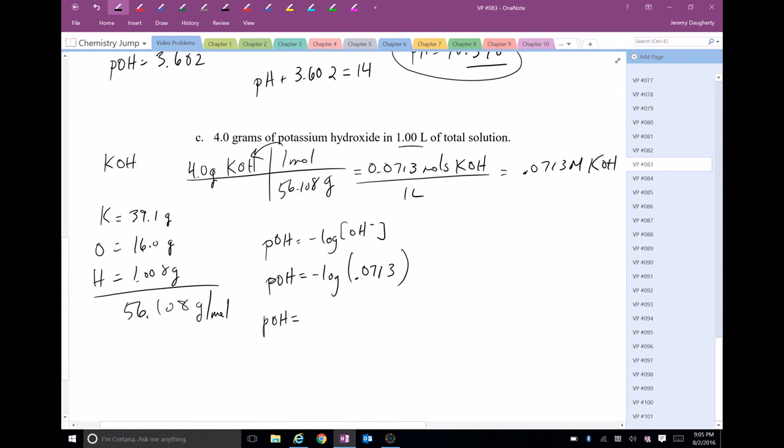For the pH, again, I'm going to take the sum of pH plus pOH and set it equal to 14. I get a pH equal to 12 point, how many sig figs? Looks like I should only have 2 sig figs here, so 12.85 is going to be my pH. The 8 and the 5 are my sig figs. So there you go.